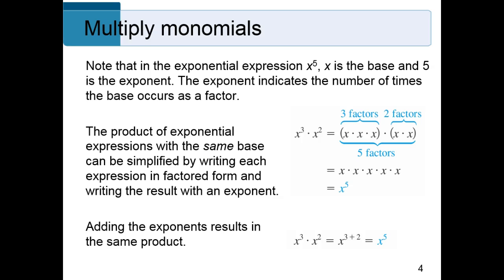Note that in the exponential expression x to the 5th, x is called the base, and 5 is called the exponent. The exponent indicates the number of times the base is used as a factor. What does x cubed mean? x times x times x. What does x squared mean? x times x. And if you're multiplying x cubed times x squared, what would you get?